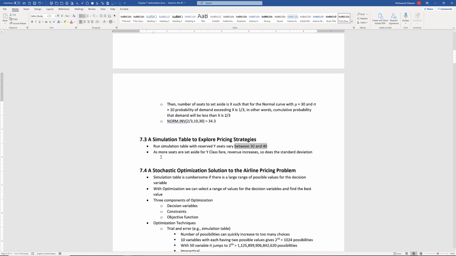As you'll see, as more seats are set aside for Y class, the revenue will increase, but it comes at a cost, and that is the standard deviation. The standard deviation also goes up, which means the added revenue comes with downside risk: the bandwidth between the minimum possible value of the revenue and the maximum revenue is larger, and therefore the downside risk is higher.